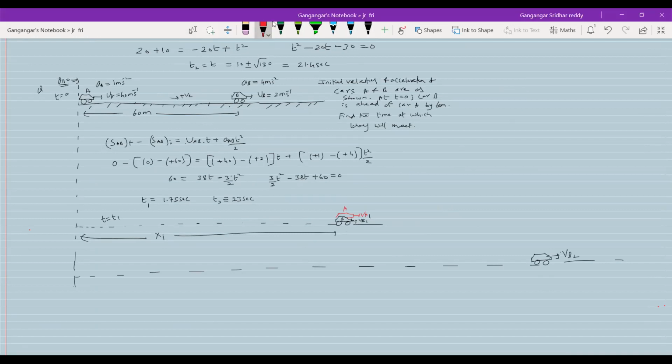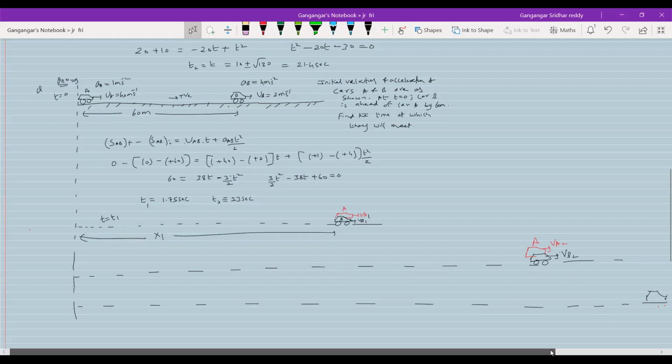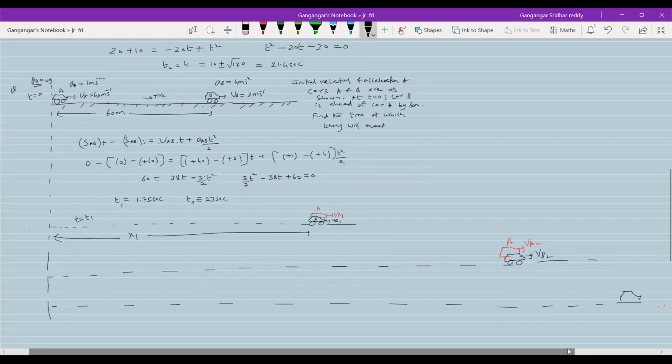So the car B will overtake car A. Very next moment, car A will be here with some velocity. So twice they'll meet.